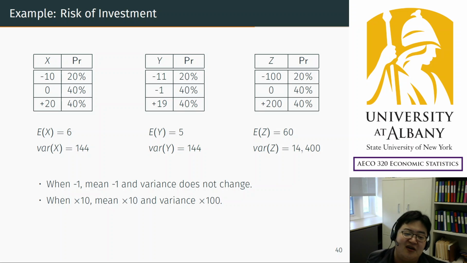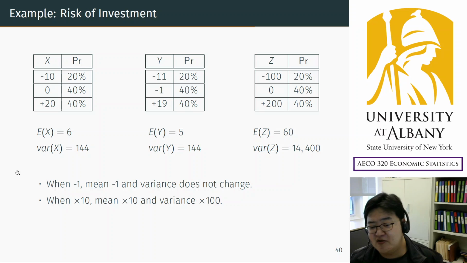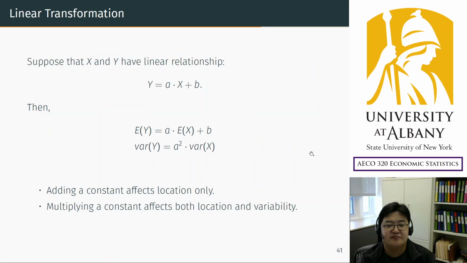The mean is a really well-behaved measure, so it's much easier to handle. But the variance is not. The variance does not change when you add or subtract something, but it inflates too much when you multiply by something. So that is a problem.